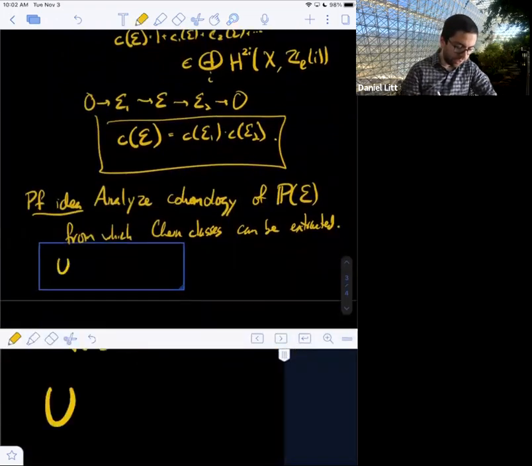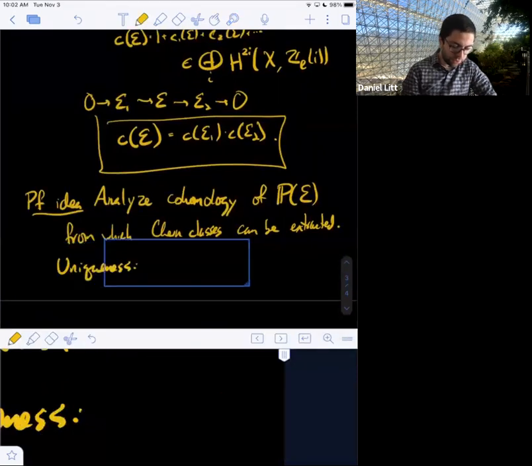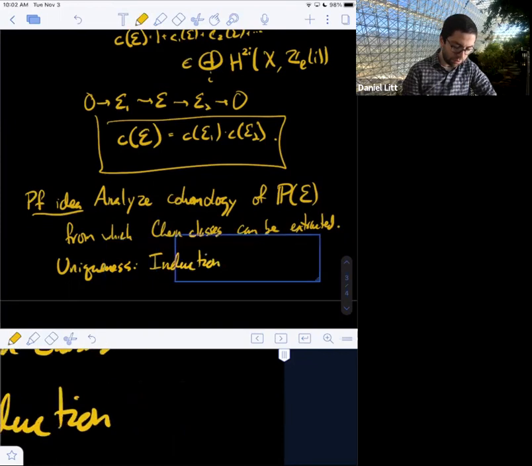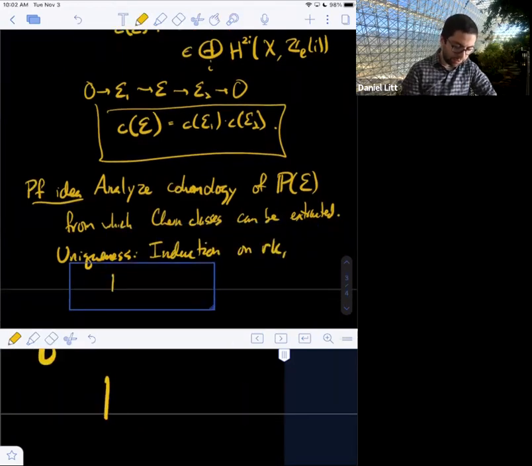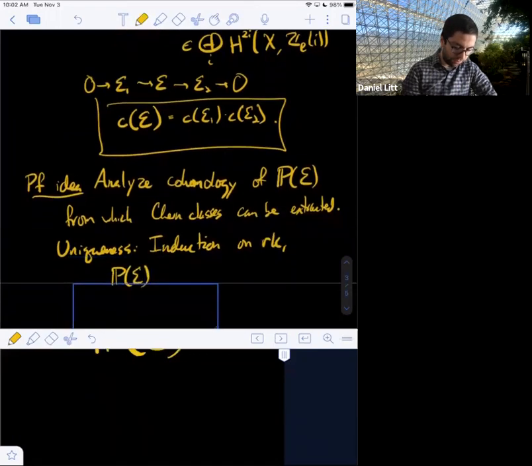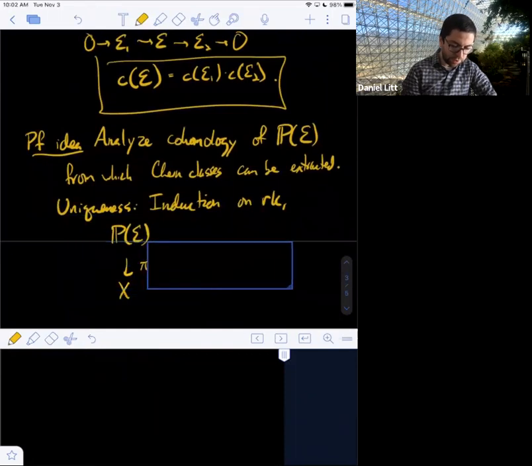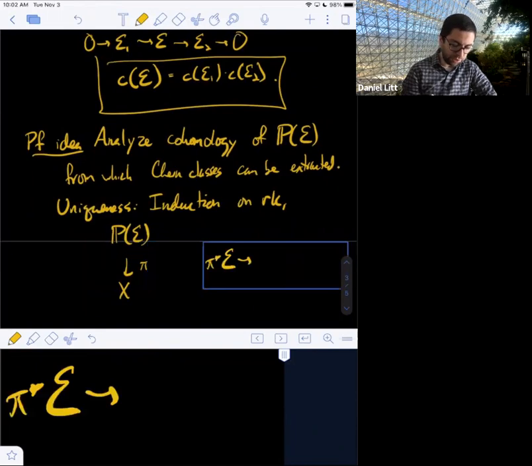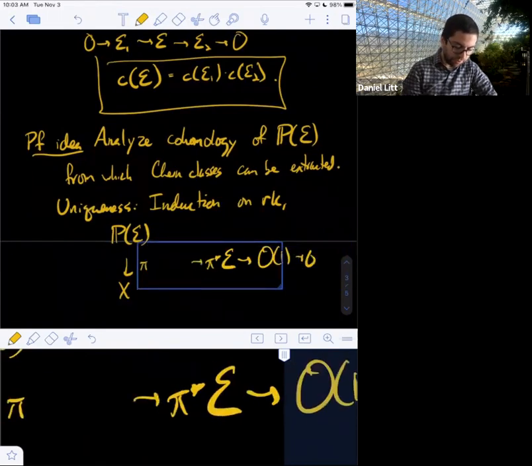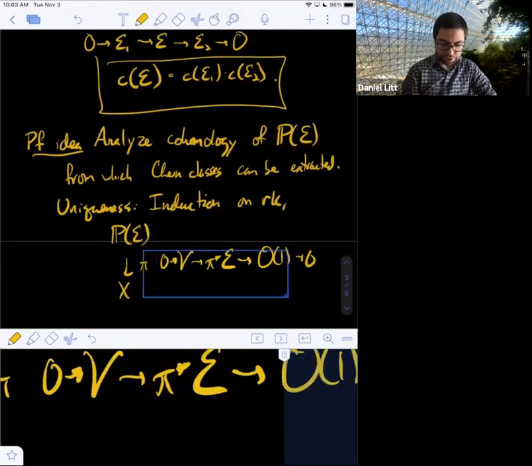So this is the construction, and then let me maybe briefly write uniqueness. So you use induction on the rank, and then if pi is the map from the projectivization of E to X, then pi star E has a line bundle quotient, and the kernel is lower dimensional.